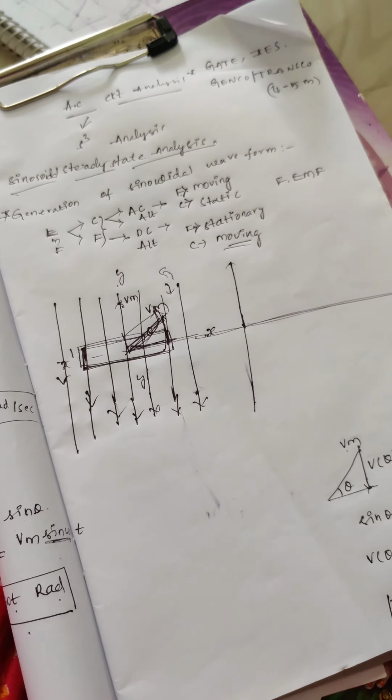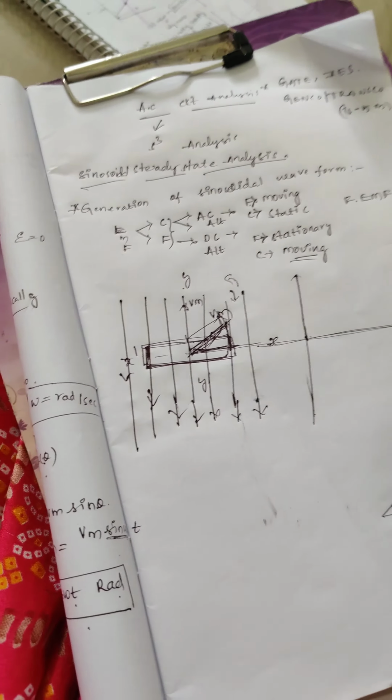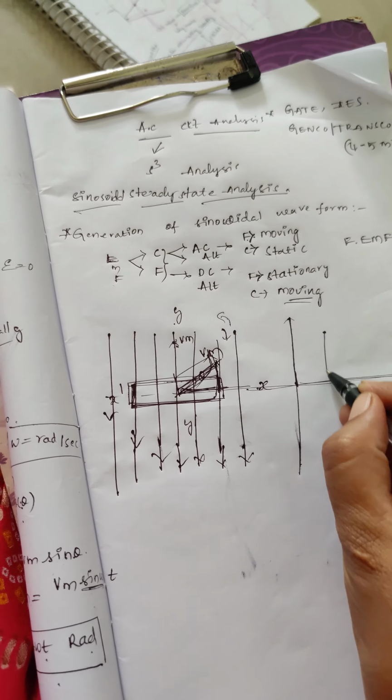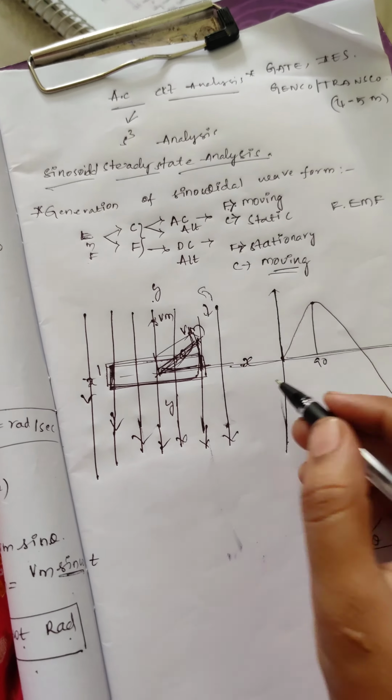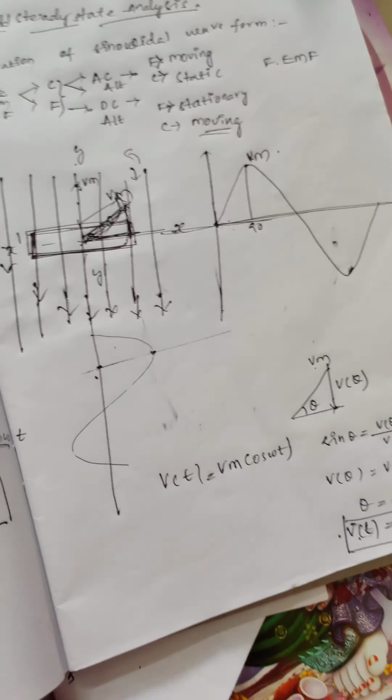This is the EMF generated. So here whenever the angle varies up to 90 degrees, an alternating quantity will be generated. So we can declare that the generated waveform is an alternating quantity.